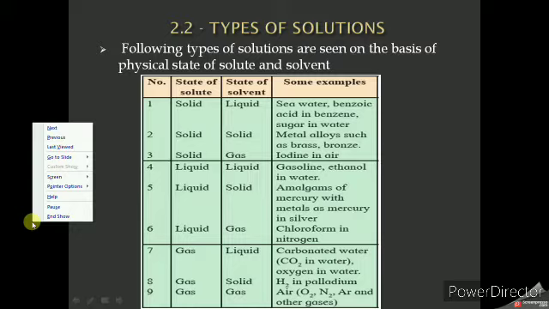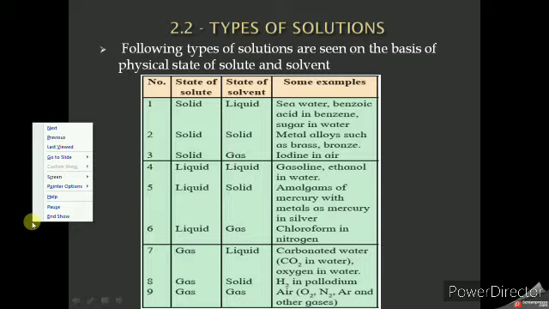Then third type is when solute is in solid state and solvent in gaseous state. So iodine in air. Iodine in solid state kept in one dish, and when that iodine evaporates, it gets dissolved in the atmosphere.